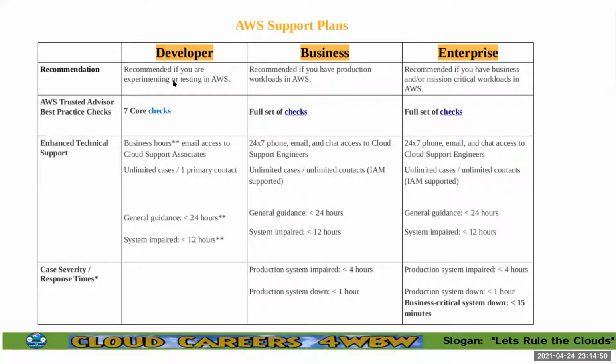It's only recommended if I'm just testing services. Then I can use that. If I'm doing business, here they call it production workloads, and production workloads refers to me having services running on my AWS, on my VPCs, and then customers are accessing those servers.